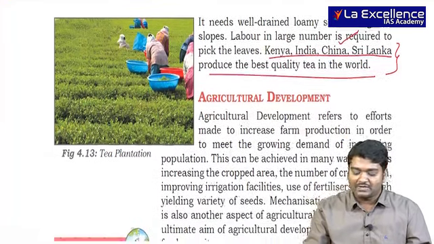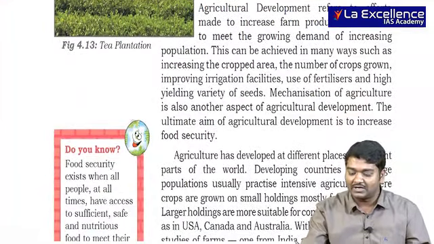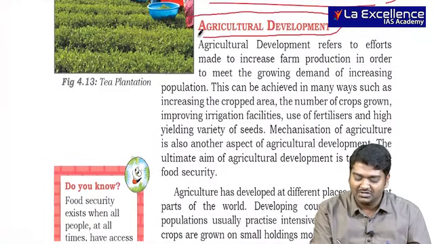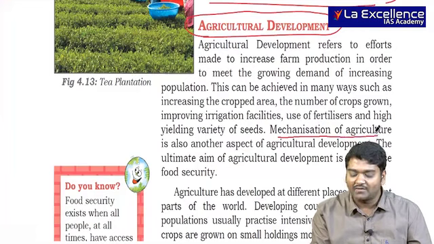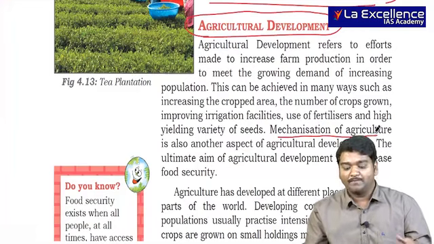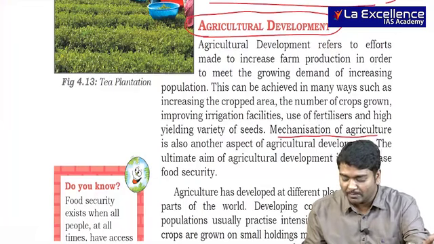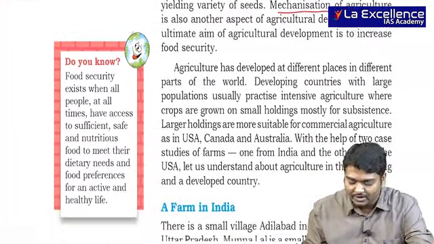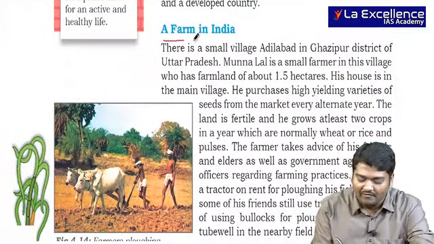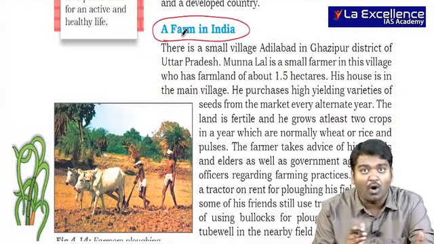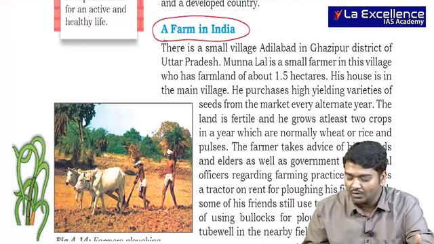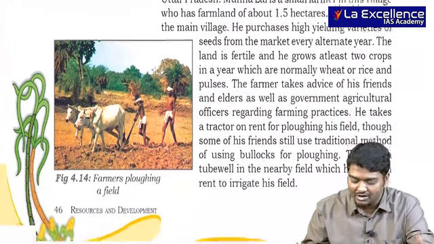And apart from this, what you have is agricultural development. From the mains point of view, just see once, nothing much. They talk about mechanization of agriculture, that is, you need to use very good equipment for agricultural production. And at the same time, they talk about two important things. One, a farm in India which is very small, subsistence, dependent on household, and primitive agriculture.